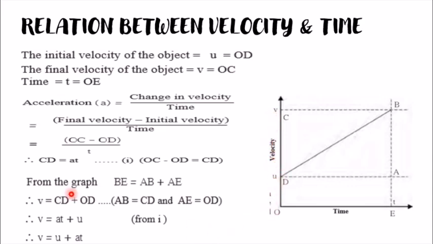So here what we get is v is equal to CD plus OD, as OC is nothing but v, the final velocity.